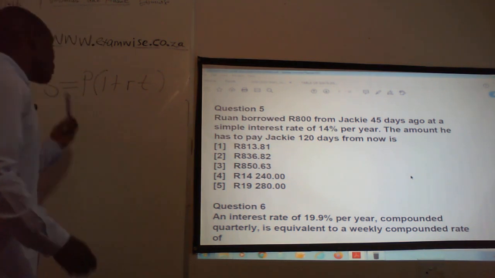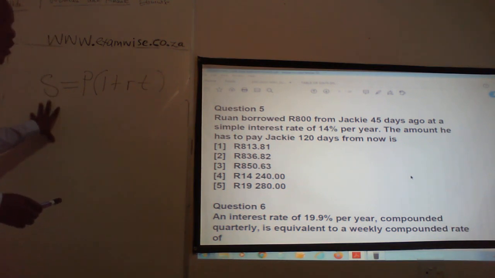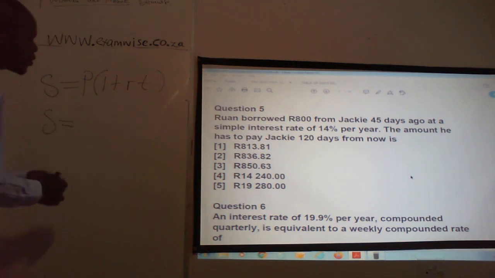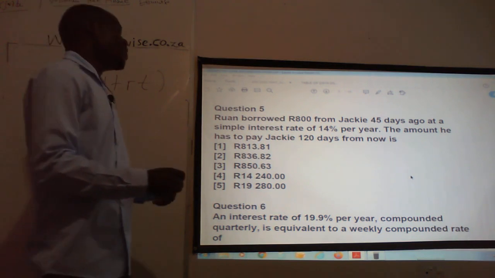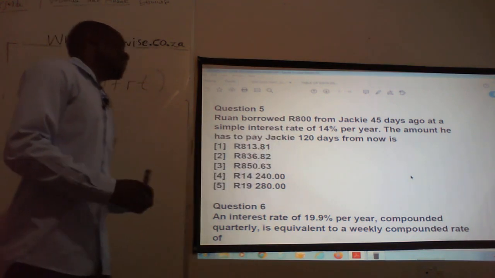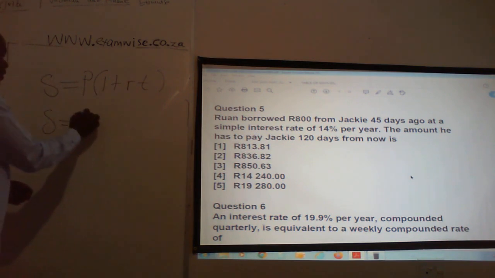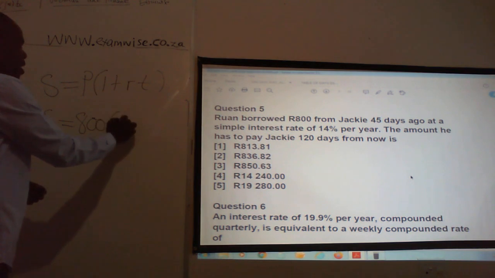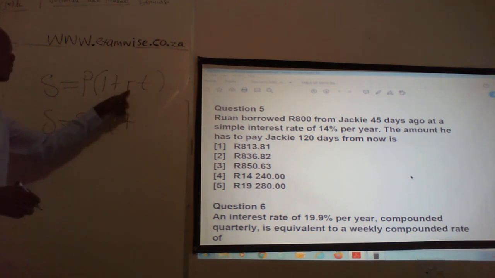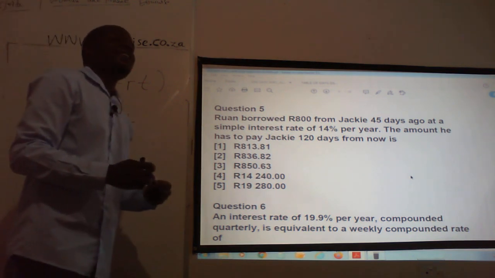Here we are required to calculate our future value, so there is no need to play around with the formula because the formula is straight. So S equals P, the present value, the amount originally borrowed, which is 800 rand. So we have 800, then in brackets 1 plus the simple interest rate as a decimal.